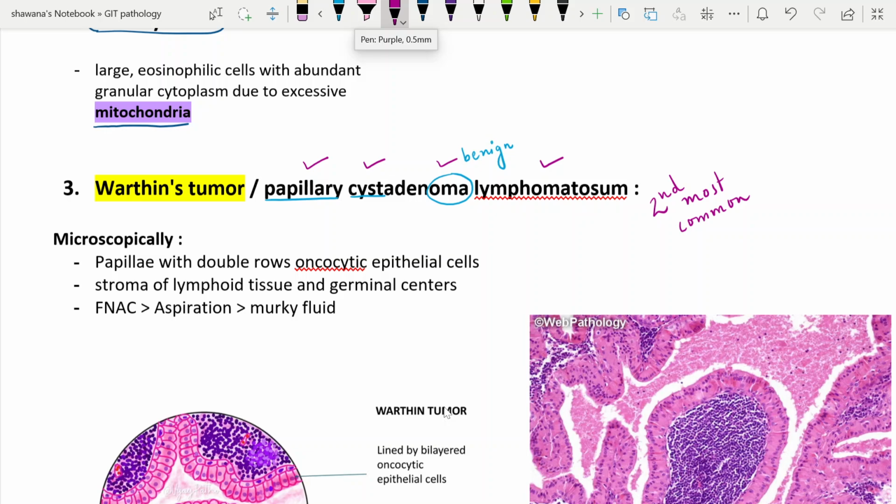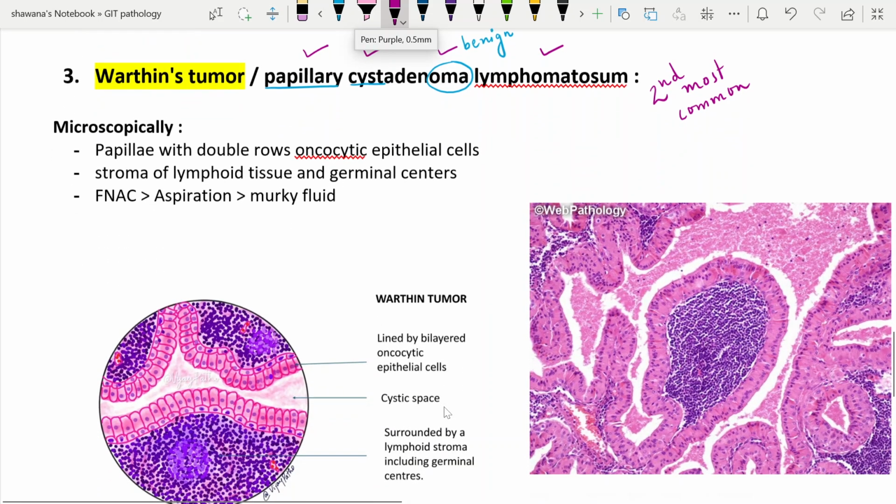Let's see microscopically what happens in the Warthin's tumor. First of all, there are papillae. Papillae are like finger-like projections. Okay, as you can see here, I will use some other color for the contrast. This is a papilla. A lot of papillae can be seen in Warthin's tumor, but these papillae have cells over their surfaces.